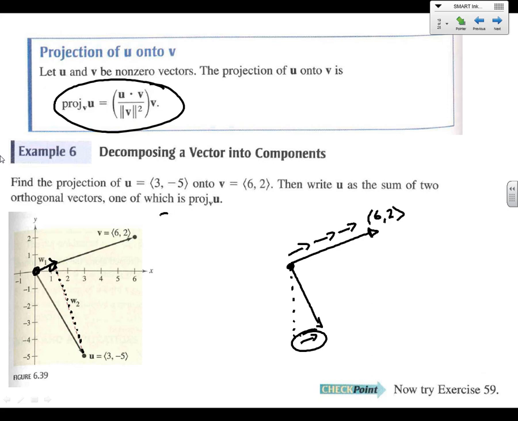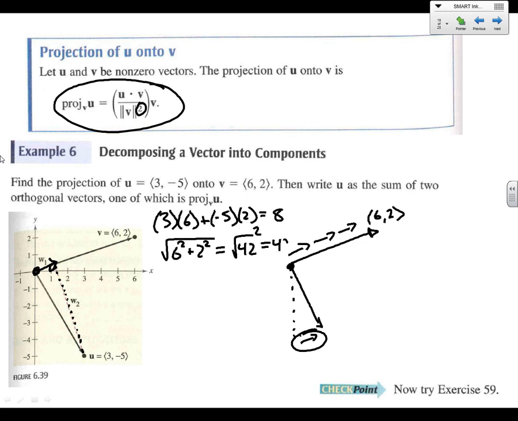So dot product first: 3 and 6 plus negative 5 and 2 is 18 minus 10, which is 8. The magnitude of v squared is 36 plus 4, which is 40.